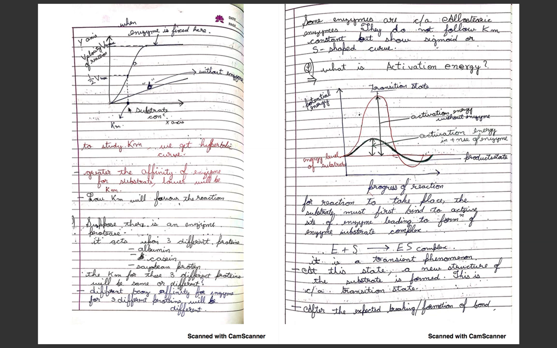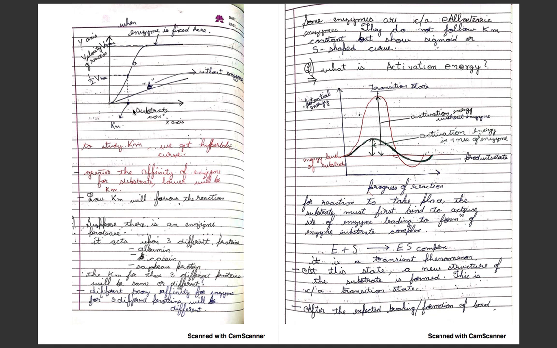Try to understand the Km concentration, which corresponds to half Vmax. With the enzyme, the velocity is very high and is reached at very low substrate concentration, but without the enzyme more substrate concentration would be required for more velocity.